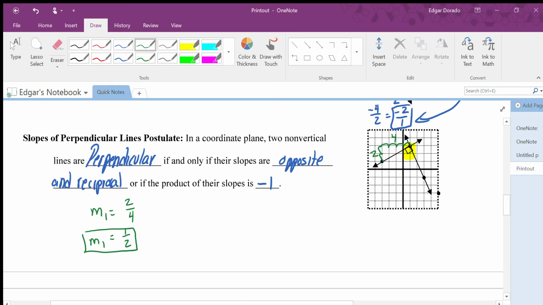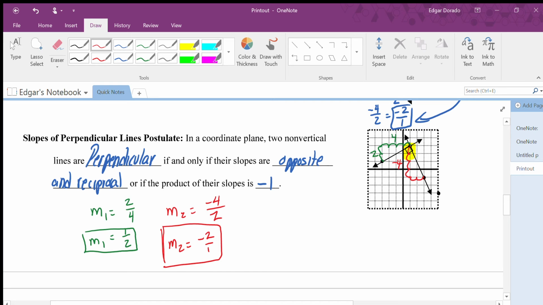Okay, and my second slope from here to here is going to be 1, 2, 3, 4. So 4 down, and to the right 1, 2, which will actually reduce to -2 over 1. And let's see if it satisfies both conditions.